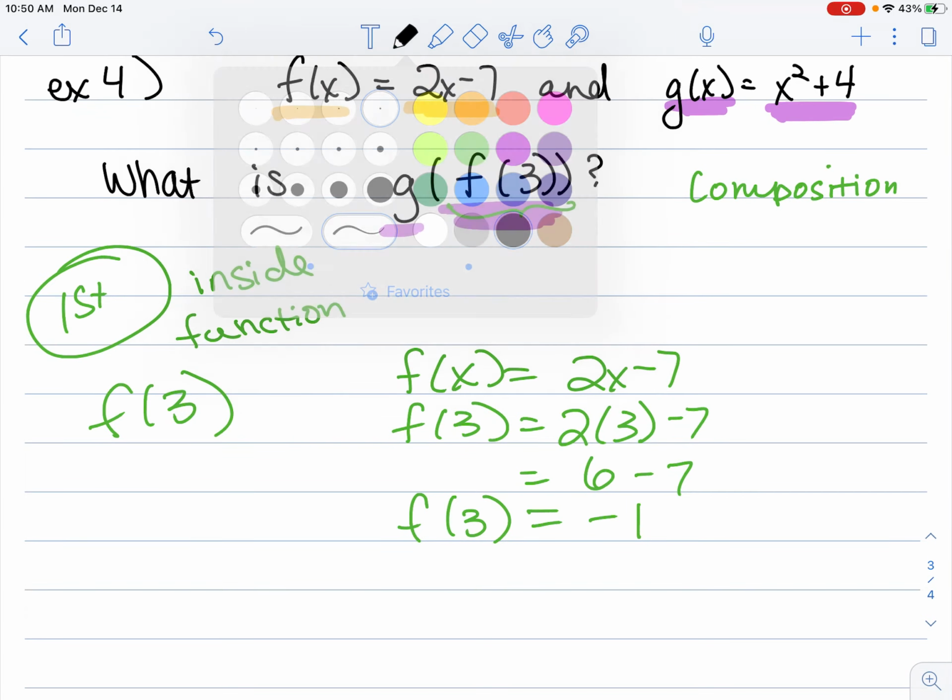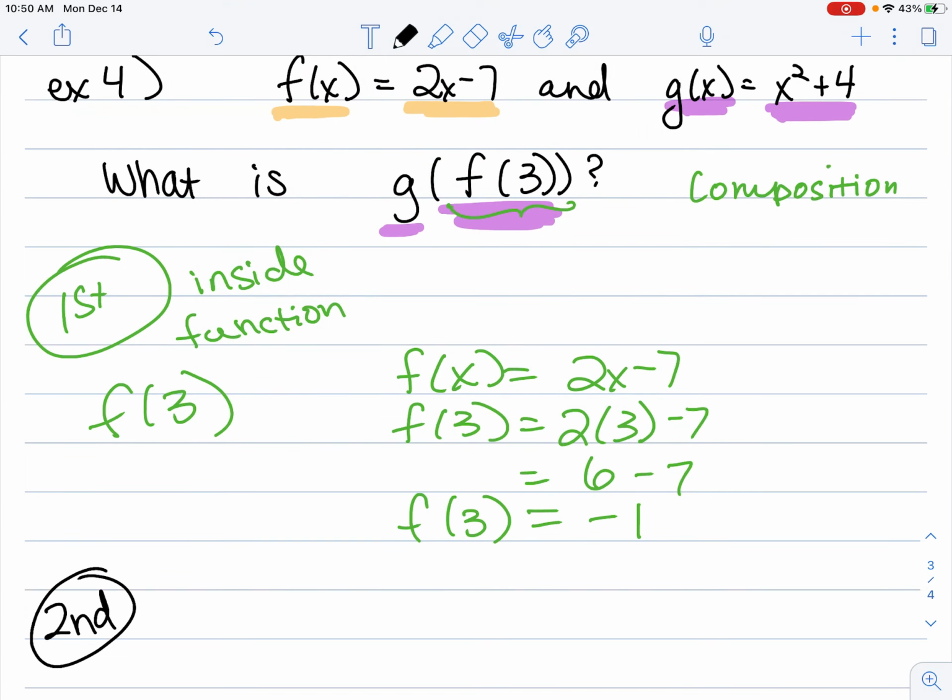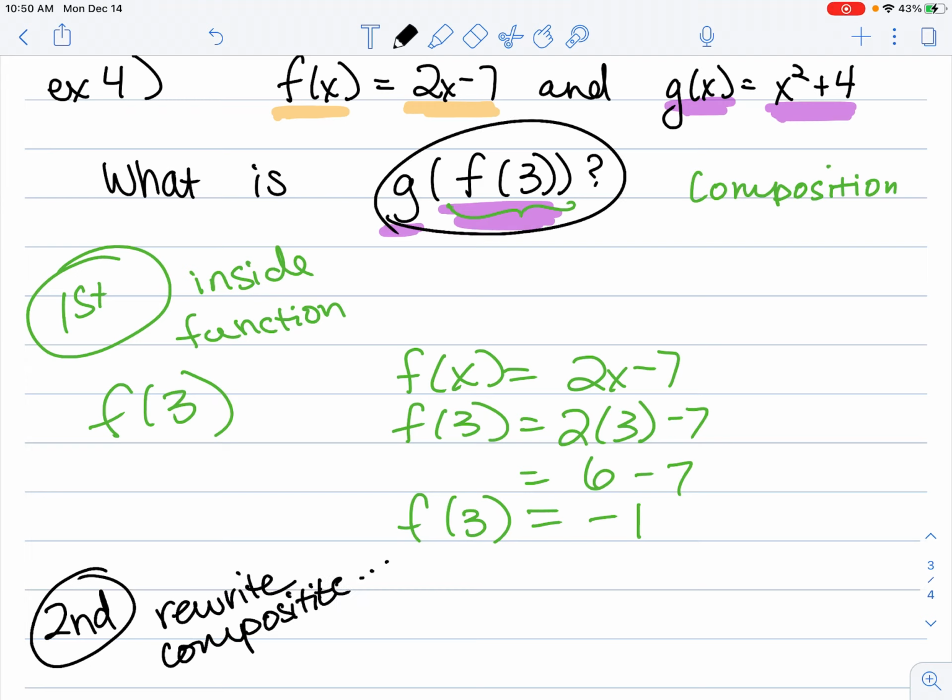So now that we've solved that, the second step is we're going to rewrite the composite function. So remember, the composite function was g of f of 3. Well, remember, f of 3 was really what? Negative 1.